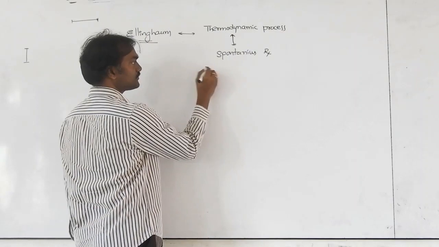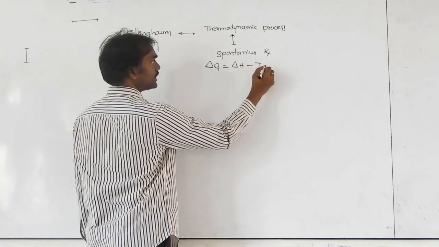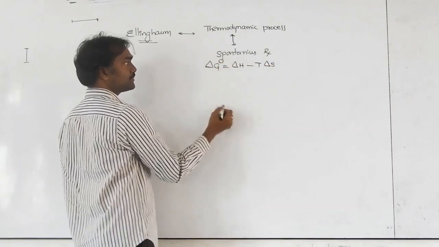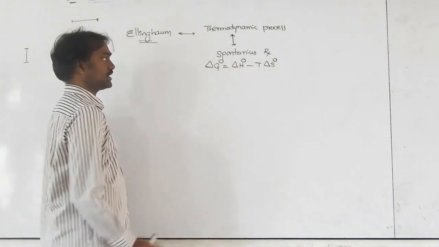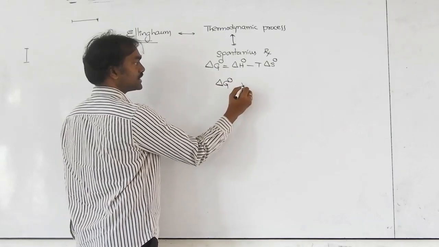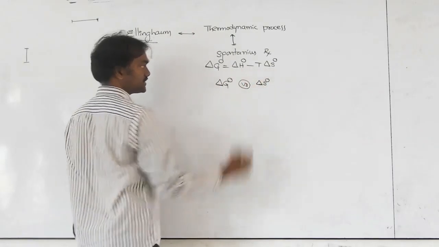What is the Gibbs free energy? Delta G equals delta H minus T delta S. At standard conditions, we take delta H naught and T delta S naught. Here we are taking Gibbs free energy versus entropy change.